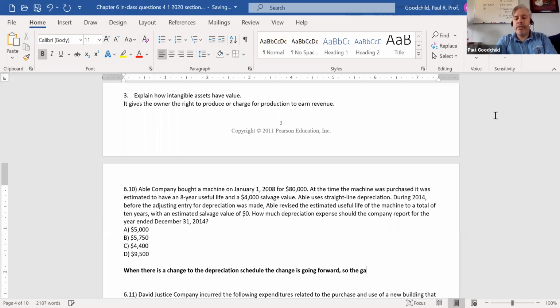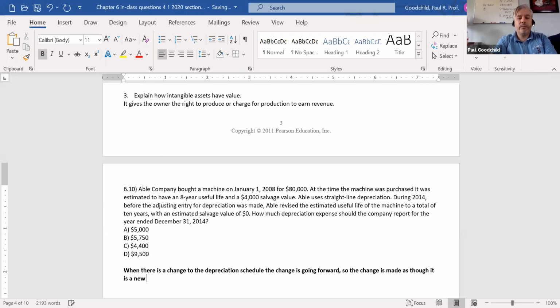So the change is made as though it is a new calculation.